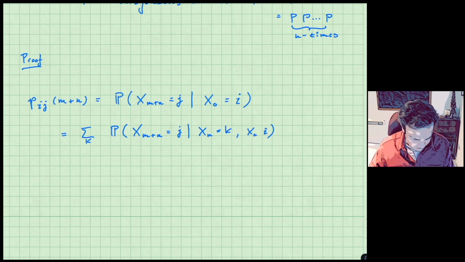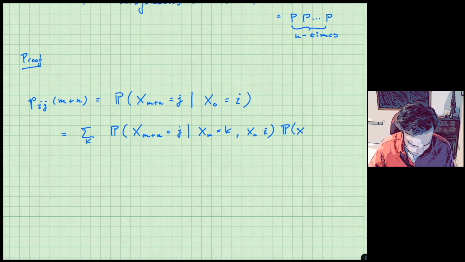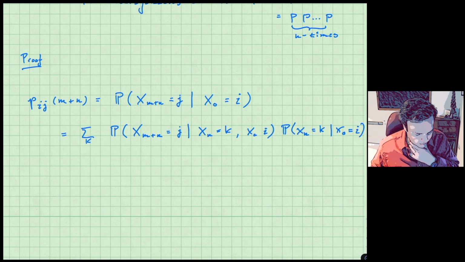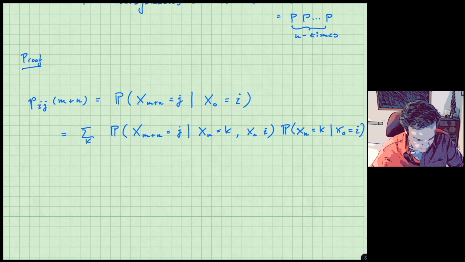We're conditioning on this, so we can now multiply this by the probability of being in state k at time n. So I'm splitting off the n here, given that at time 0 you were in state i. That was done by the total conditional probability theorem.